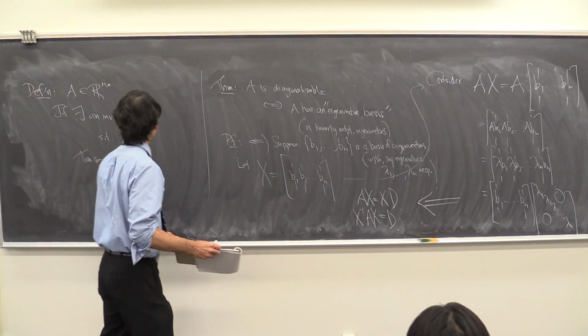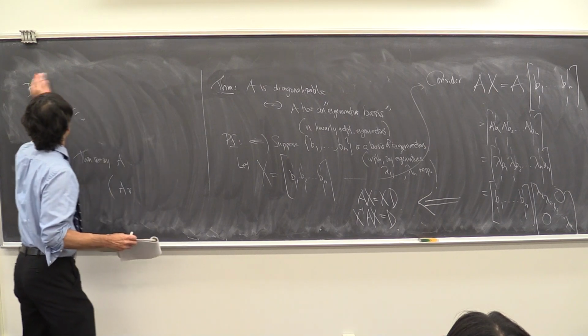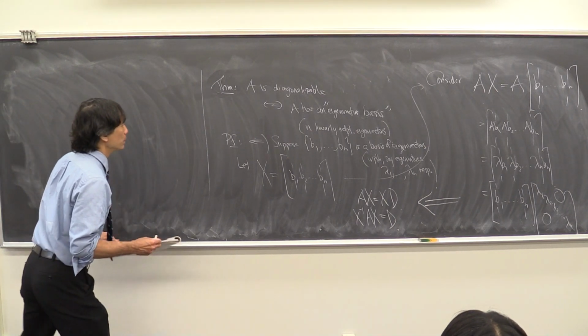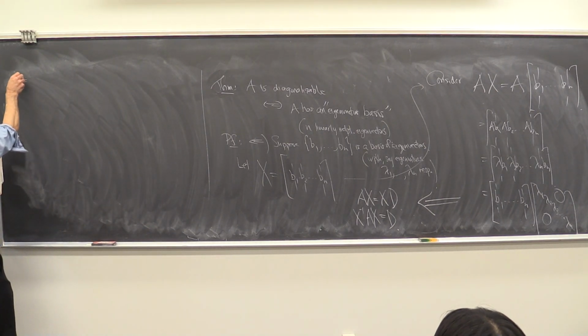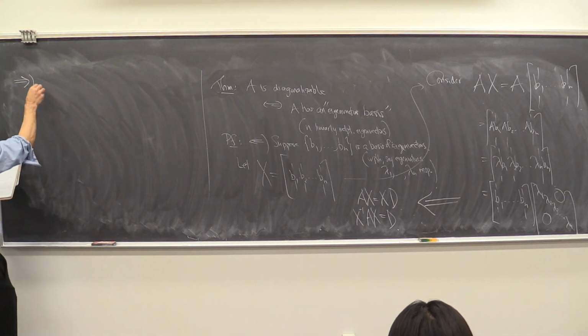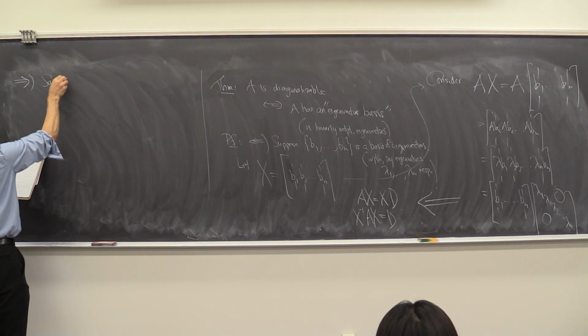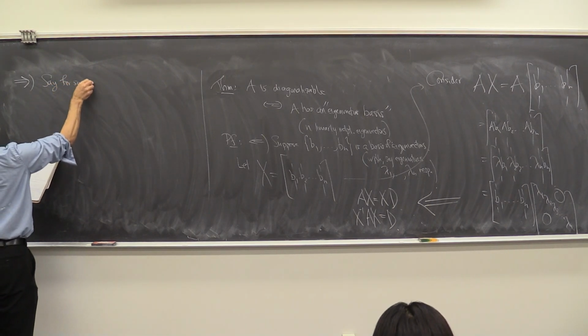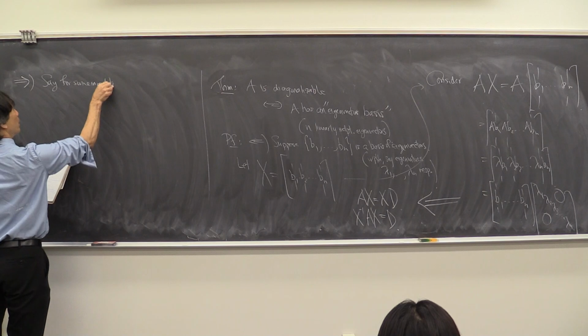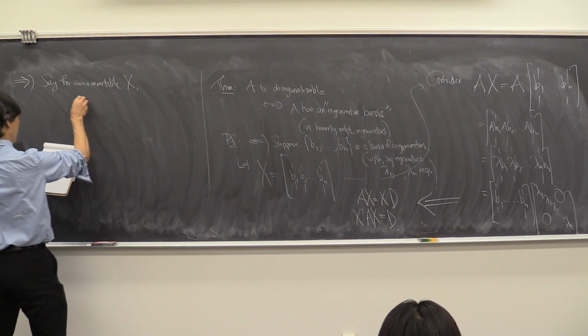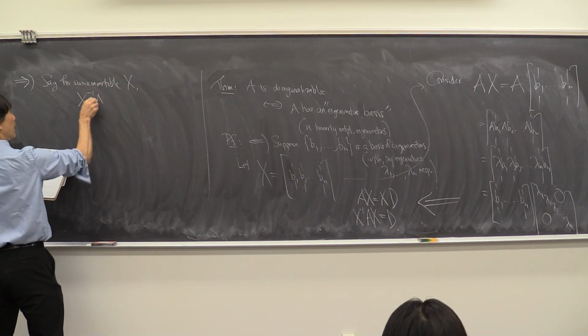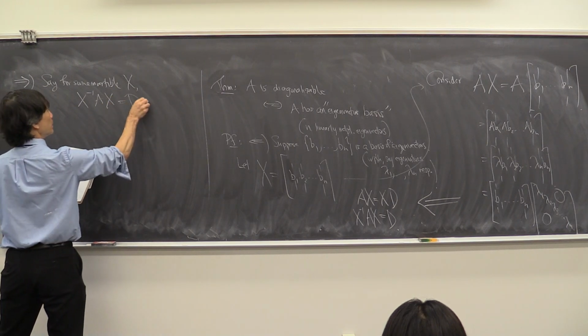Now let's do the forwards direction, part 2. Assume that your matrix is diagonalizable. So say that for some invertible matrix X, X inverse AX is D, which is diagonal.